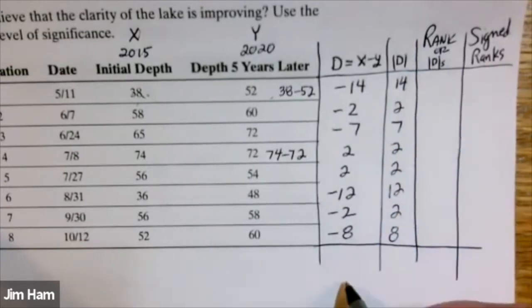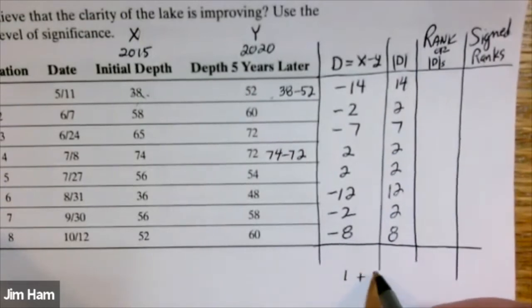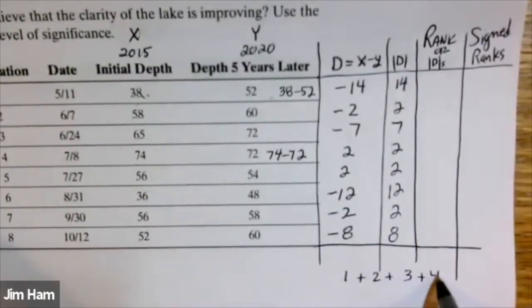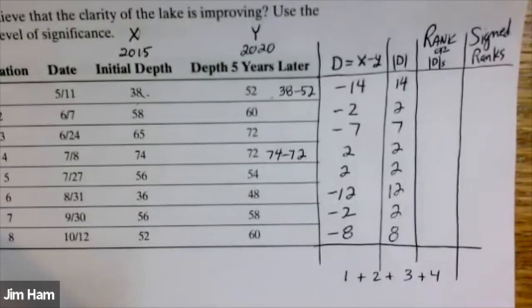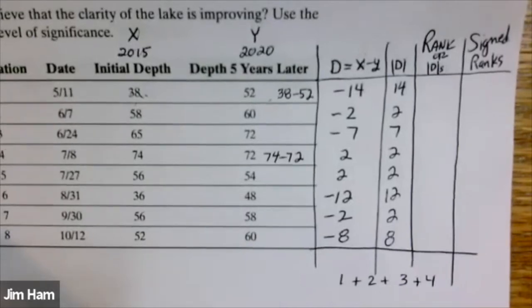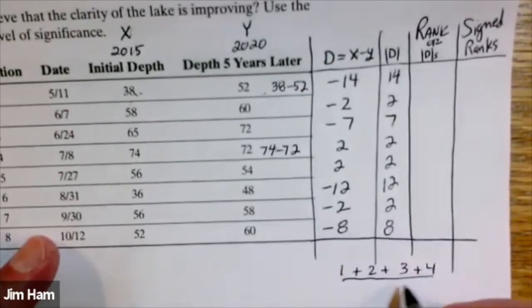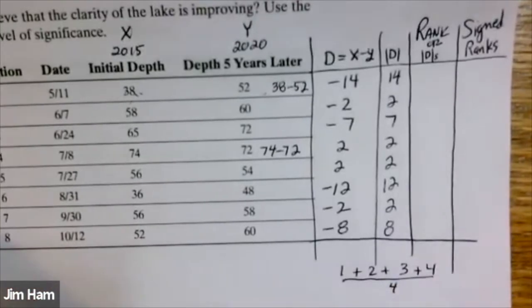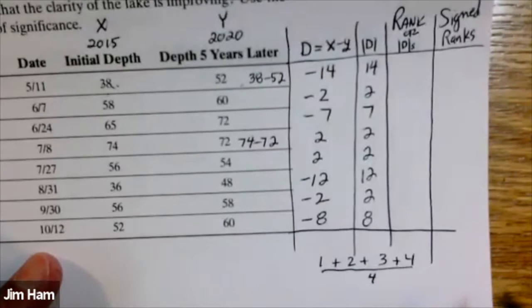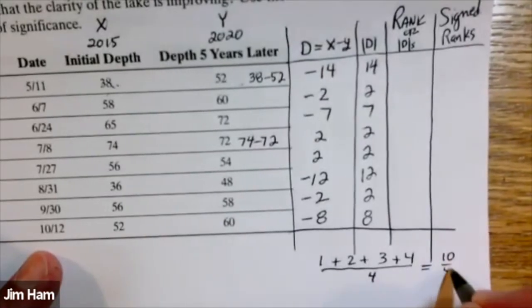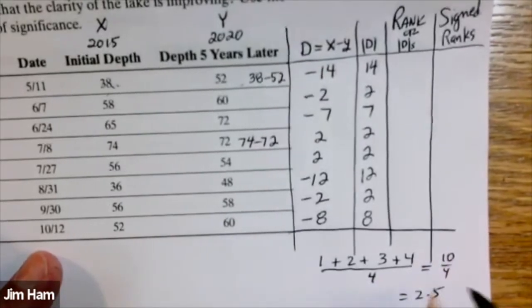So what we're going to do is take the rankings 1, 2, 3, and 4. That's going to contribute 10 points to our either T plus or T minus. And then we're going to divide by 4 because there's 4 data values that have that lowest ranking. So this would be 10 over 4, which is 2.5.